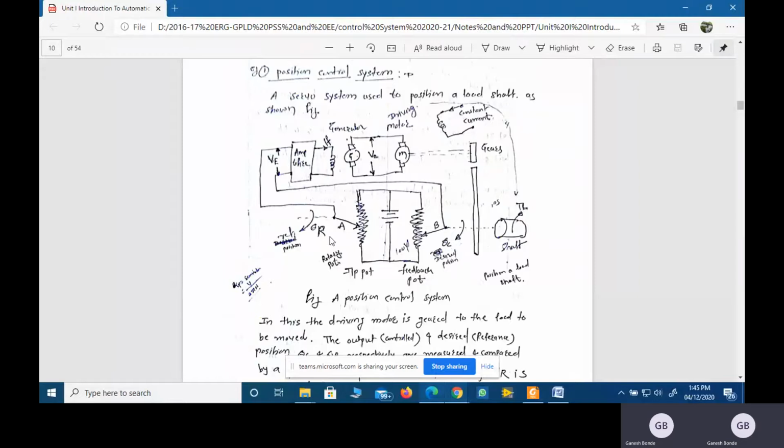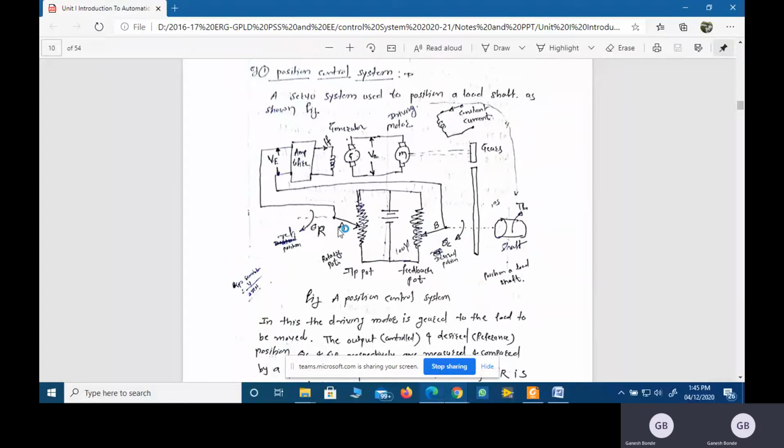C stands for control, R stands for reference. The shaft whose position you have to maintain can be directly attached to the control pot, and this is the reference part. We can adjust the position of this reference part to whatever desired position we require, so according to the reference, the position of the shaft is adjusted.